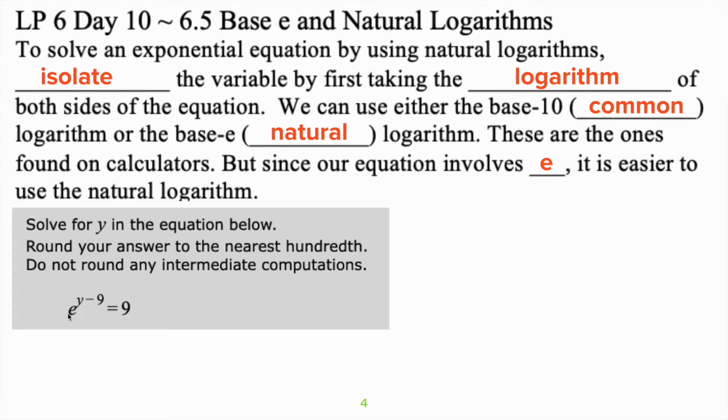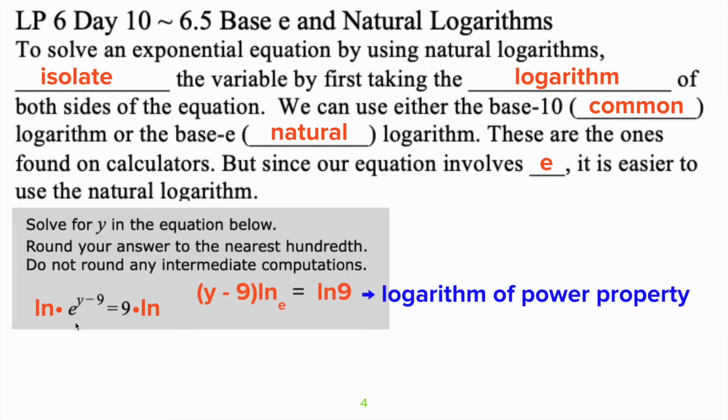All right, so we're going to take the natural log of both sides, and then we're going to convert that using the logarithm of power property. This goes back to when we were doing those properties. So I have y minus 9 with the natural log of e equals the natural log of 9. With the e, I don't actually have to put the e there.